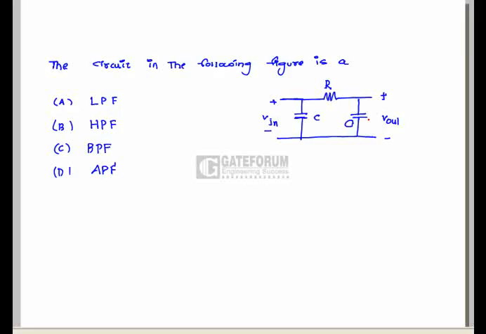Your question is, we need to specify what kind of filtering action is performed by the given network. Here the reactance of a capacitance is given as Xc = 1/(jωC). As ω tends to 0, the reactance of the capacitance tends to infinity, whereas as ω tends to infinity, the reactance of the capacitance tends to 0.